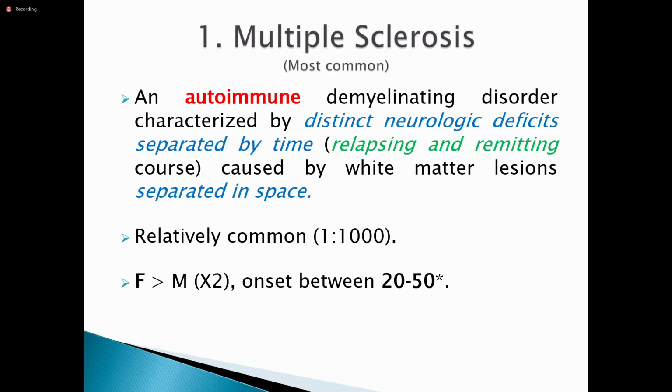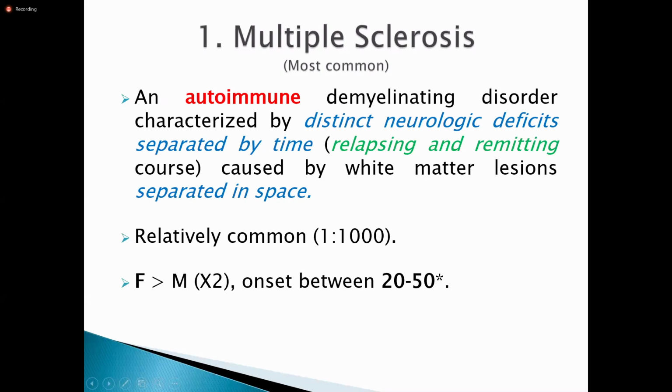Females are more commonly affected than males. This is the most common form of multiple sclerosis.